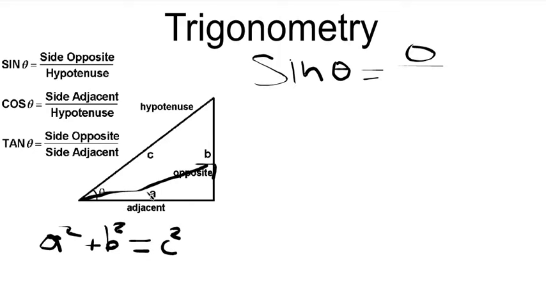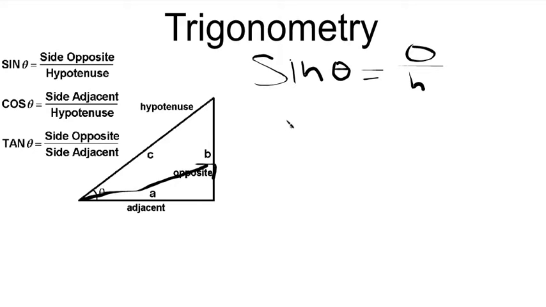So if we take A, square it, add B squared, it would equal C squared. To find C, just take the square root of both sides. I'll explain why this works in a different video. But in this case, sine is side opposite divided by hypotenuse, which is H.